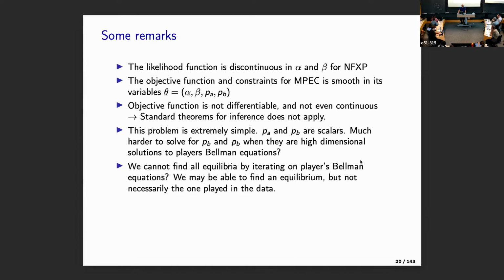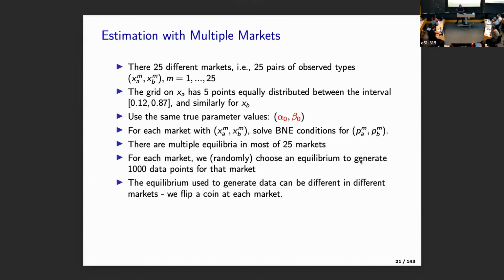Okay, so let's go to multiple markets. Now we have various different markets. In this case there are 25 of them, and they vary by what the types of the firms are.